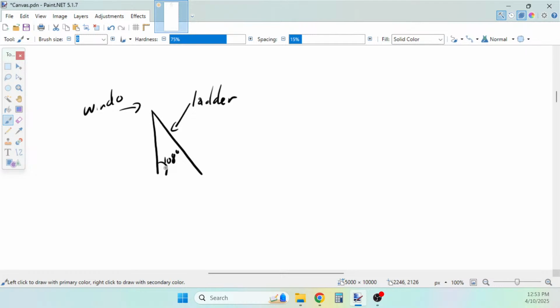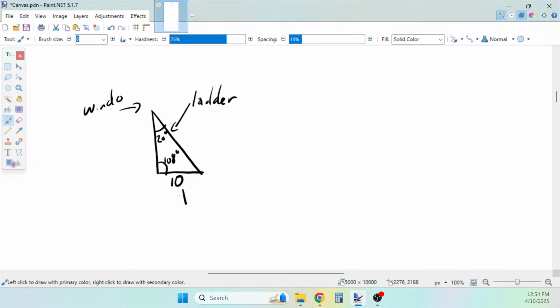The angle between the building and the top of the ladder is 20. You place the ladder 10 from the building. It says to use the law of sines to figure out what length of ladder.